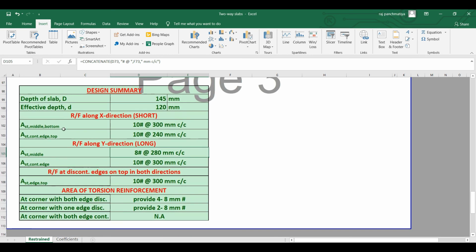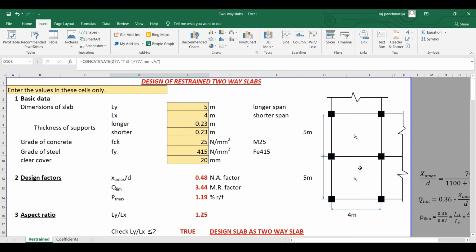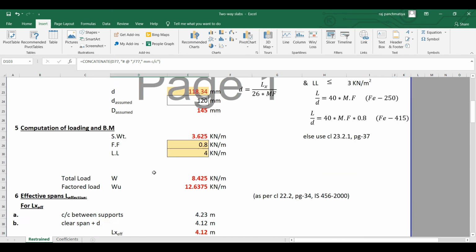Next is the reinforcement at the continuous edge. Here we can see that in the slab S1, the upper edge and the right side edge are the continuous edges. So at the continuous edge, negative moment is developed. So we will provide the reinforcement at the top of the continuous edge.